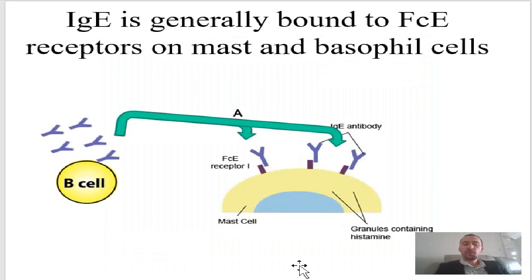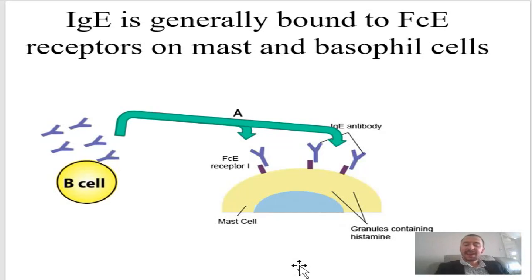Okay, and another way that IgE can mediate these effects on mast cells is that the IgE produced by the B cell upon first exposure, say for instance a peanut allergy, they will produce IgE. The IgE will then bind the FcE receptors on the mast cell, and they'll stay there for a duration of time.